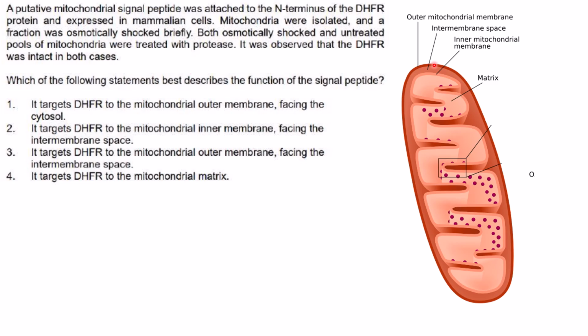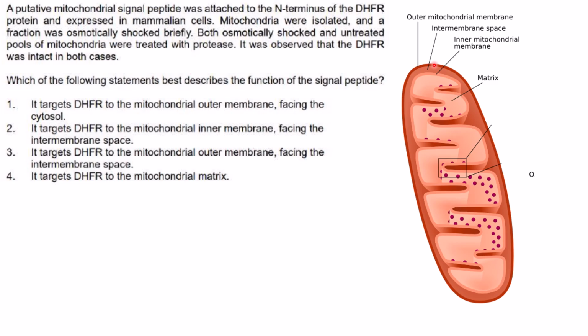But the inner mitochondrial membrane will generally be resistant to osmotic shock because it is highly folded into cristae. And what does this protease do? It will digest the proteins that are exposed to the cytosol or present in the intermembrane space.